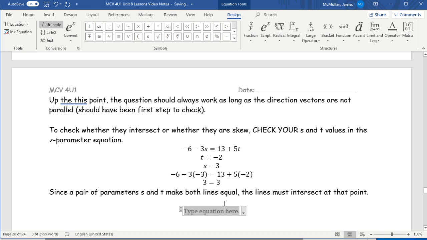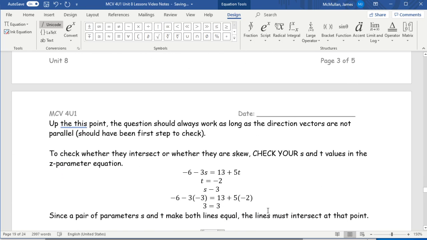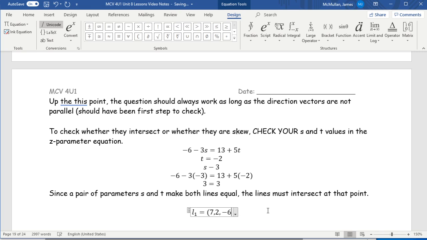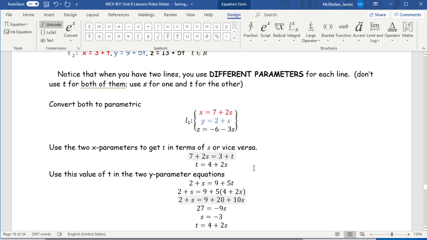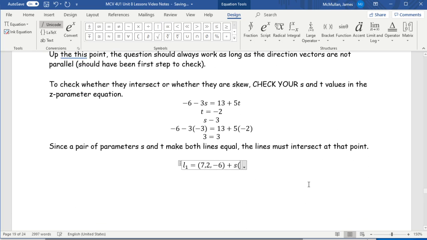Let's go back to L1 and write the equation for L1 again. It was (7, 2, -6) plus s times (1, 1, -3). Now, the point of intersection occurs when s is equal to negative 3. So let's sub in negative 3 into this equation.